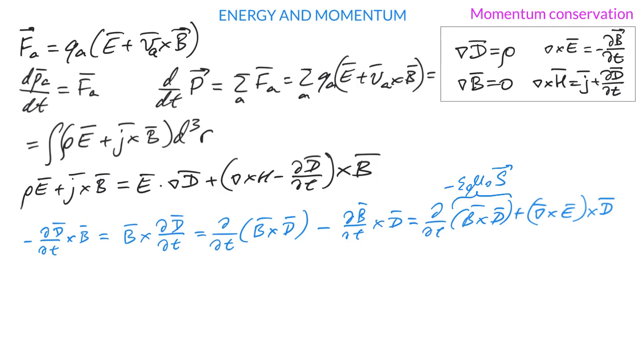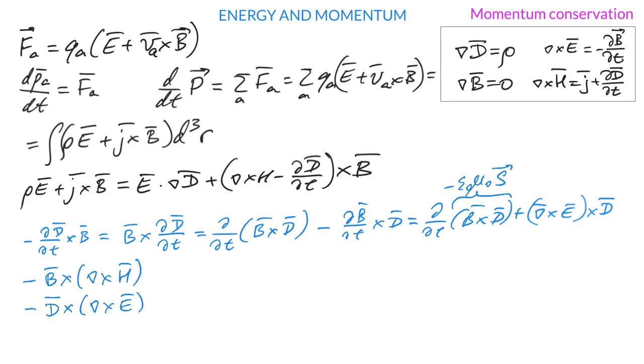So we have one term that goes as negative B cross curl of H, and another term from the last line, which goes as negative D cross curl of E. So these terms are similar, so we can work with one of them and then represent the other in a similar way.